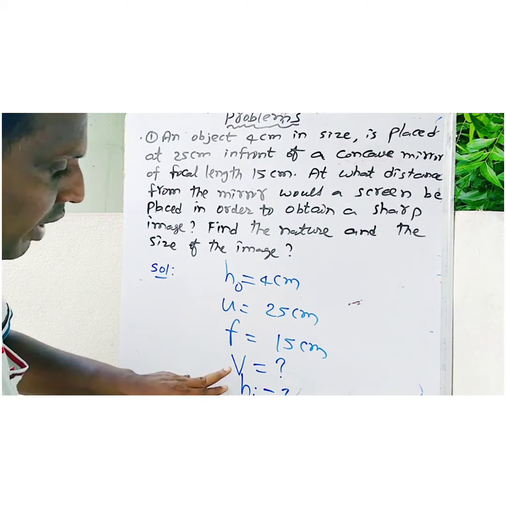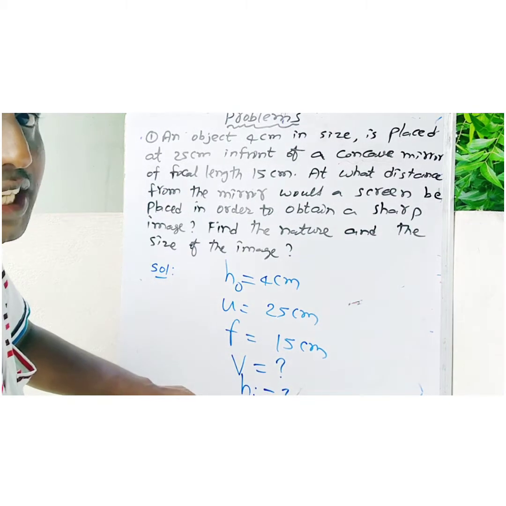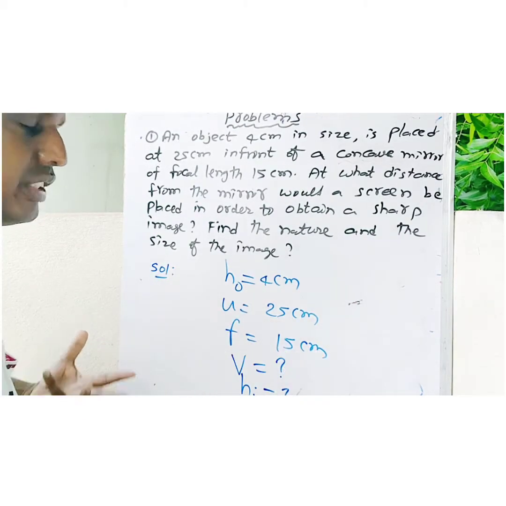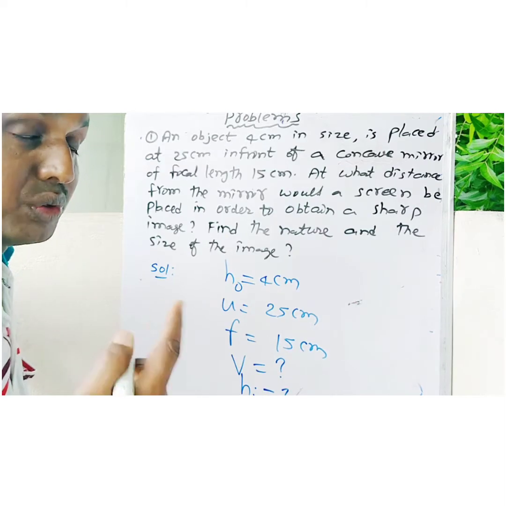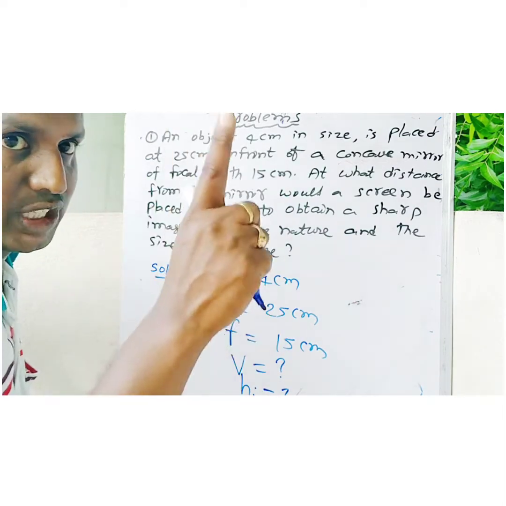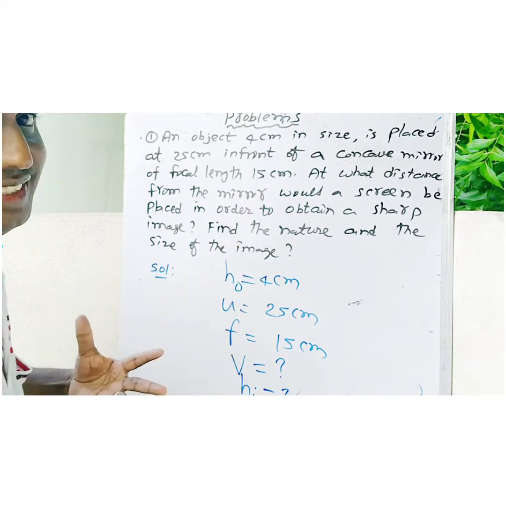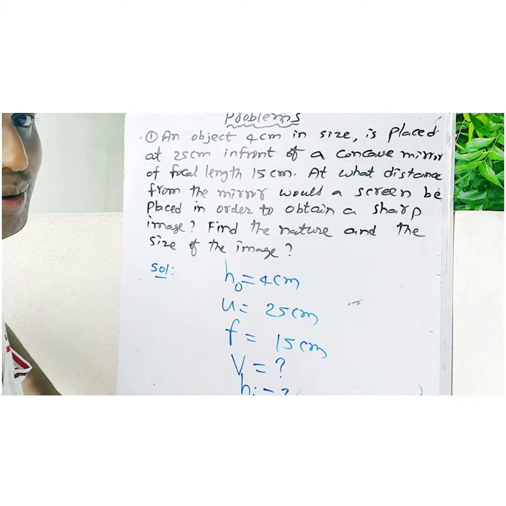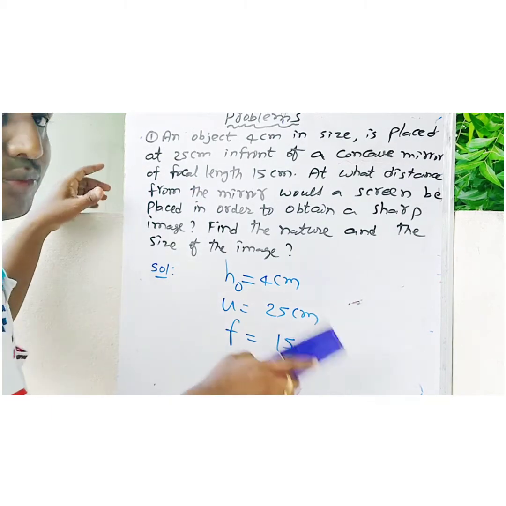So our aim is to find the image distance and size of the image. Now think of the formula. Here we have 2 formulas: the mirror formula and the magnification formula. We use both to solve this problem.